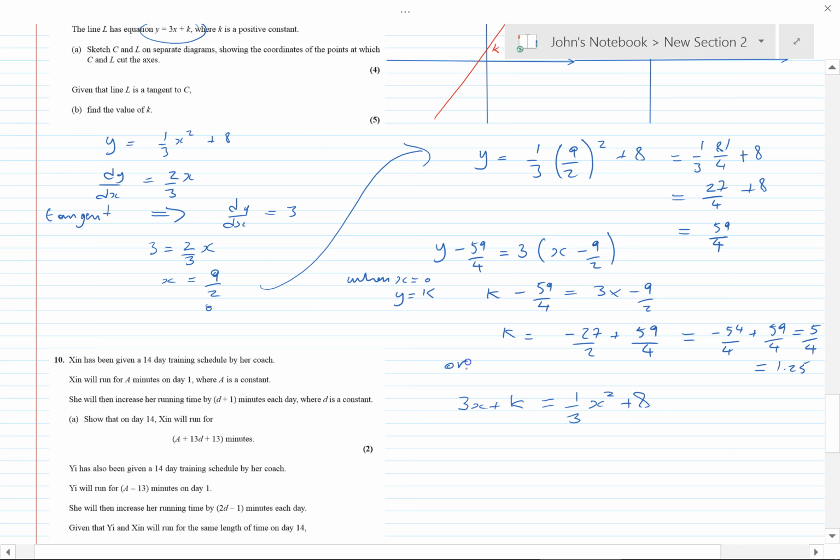I could have put 9 over 2 in there instead, and I could have also got the answer that way, probably slightly quicker, but it doesn't really matter. So a third times 9 over 2 squared plus 8, and that would get me eventually to k equal to 1.25. Try it yourself if you like.